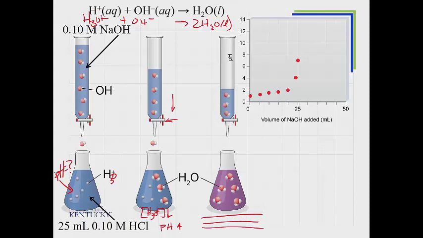I have just converted all of, how many did I have? I had 1, 2, 3, 4, 5 H3O plus ions. I have now got those things being converted to 1, 2, 3, 4, 5 water molecules. So at this point, I know that I've just neutralized it.